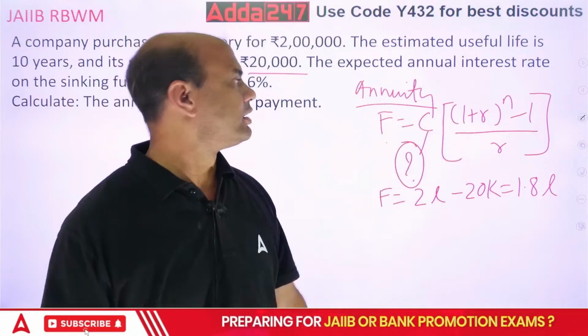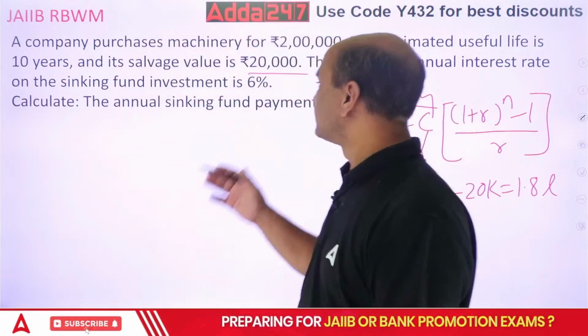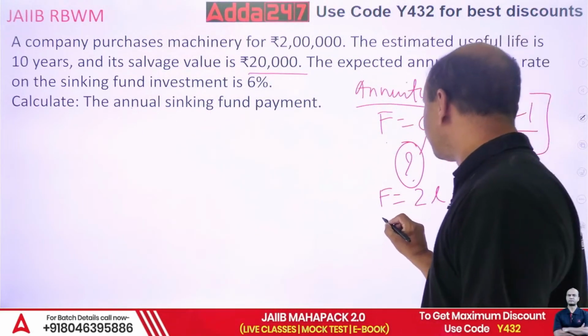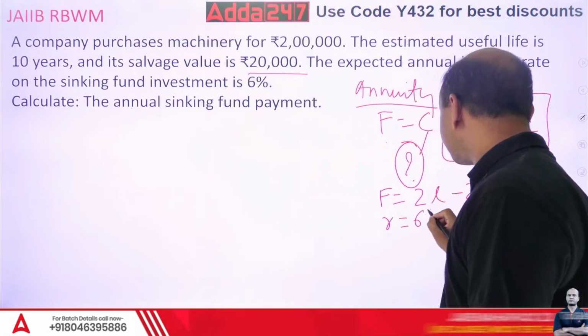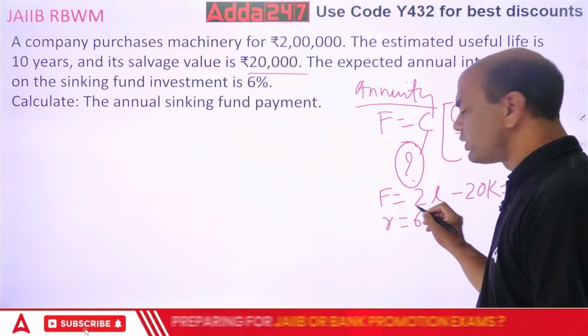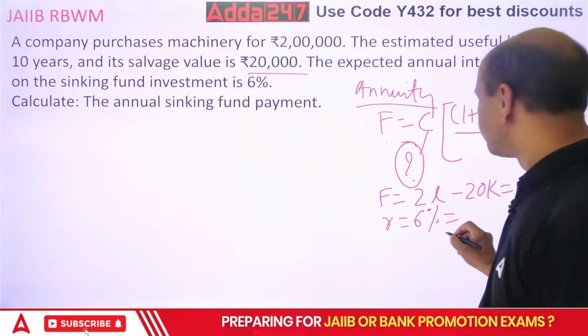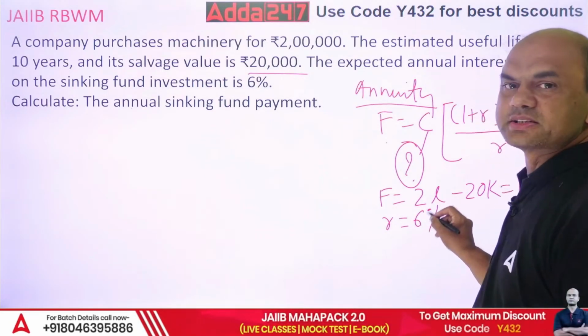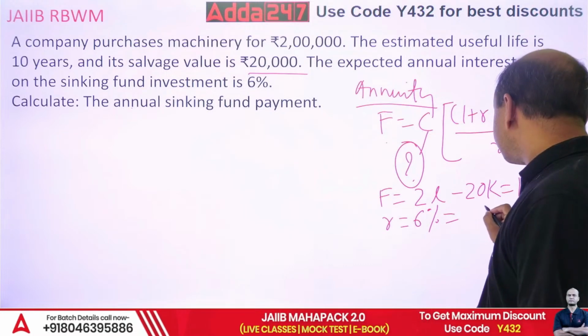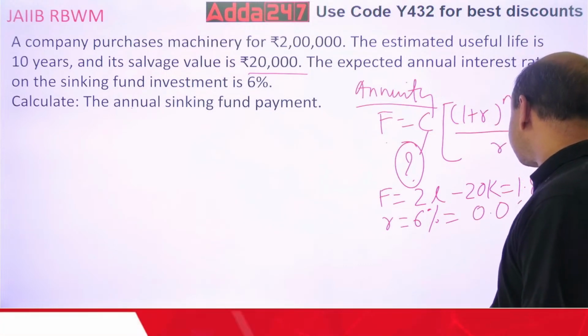Next, R. R is the rate of interest. What is given? It's directly given, 6%. So R equals 6%. Convert it to 100 terms immediately. 6% means 6 divided by 100, so 0.06.